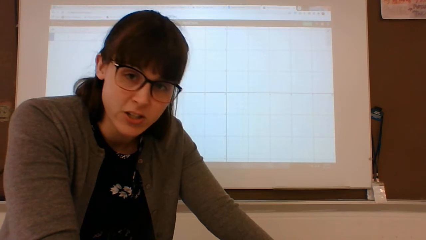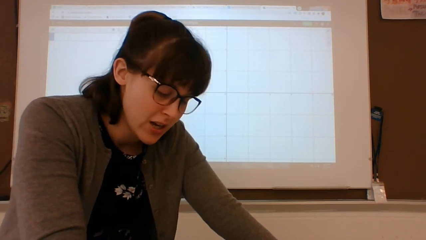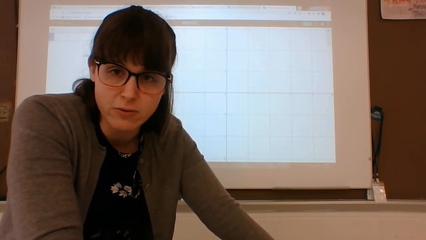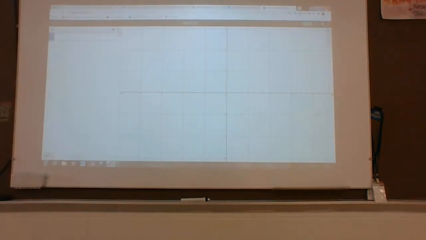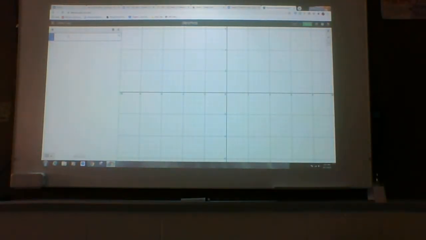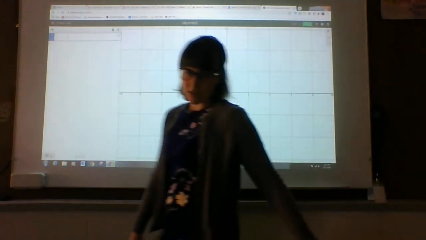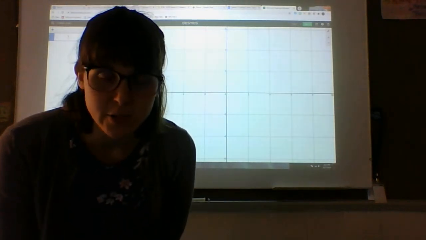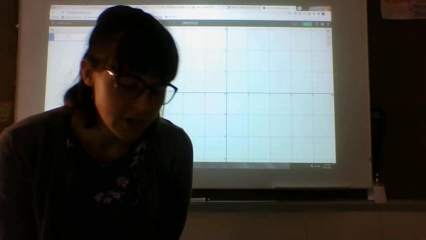Okay, so I'm going to turn out the lights so we can see the board better, and I'm going to graph the first function for you. I'm going to use Desmos to graph this function on your notes.